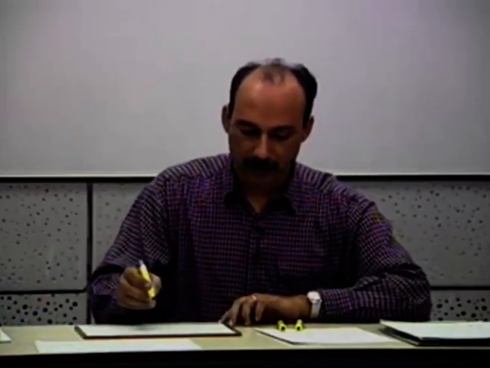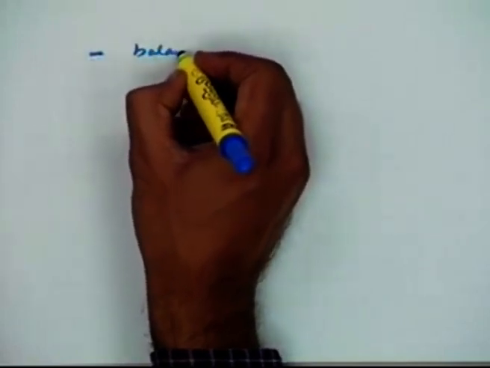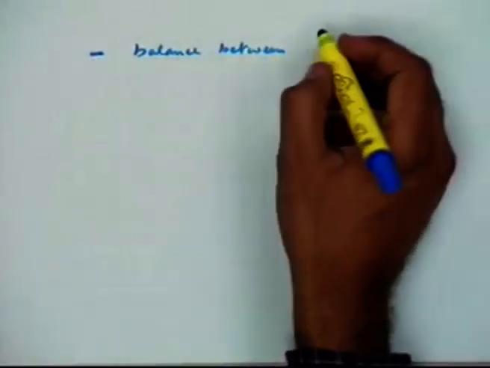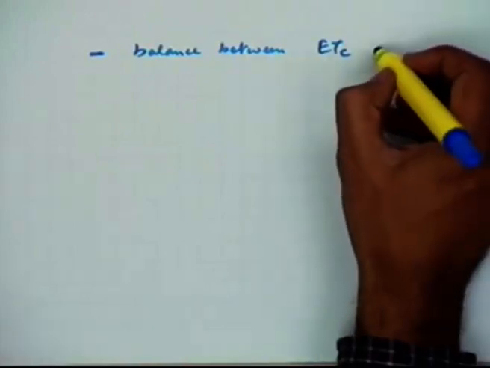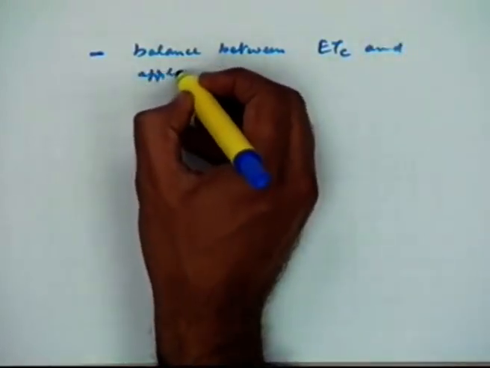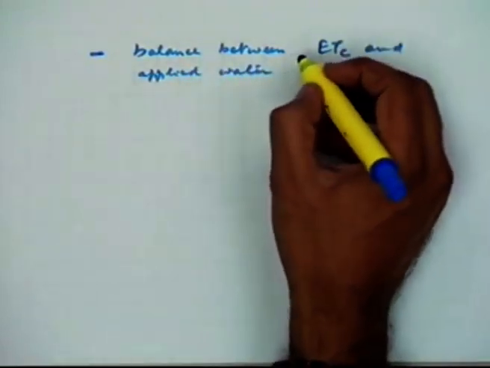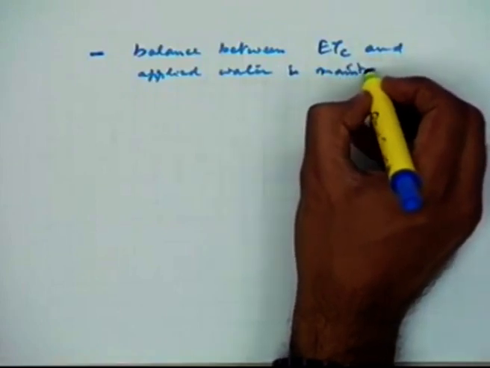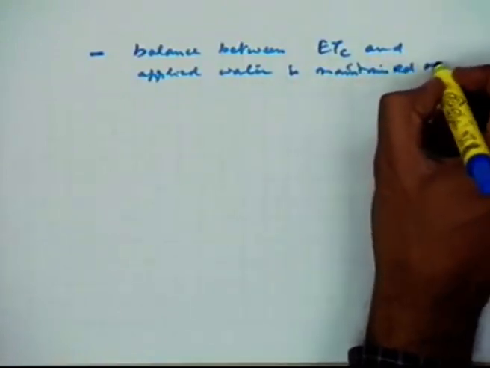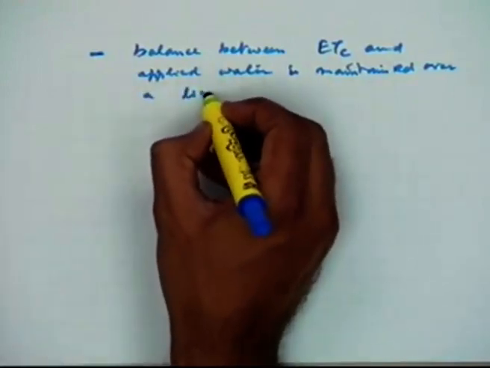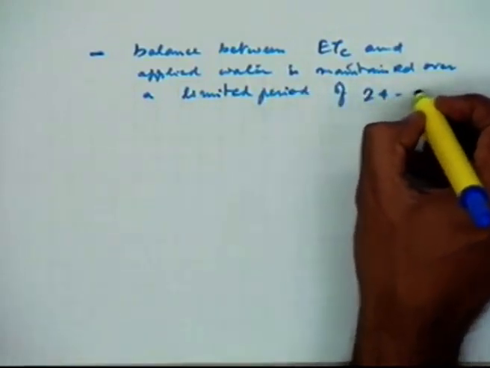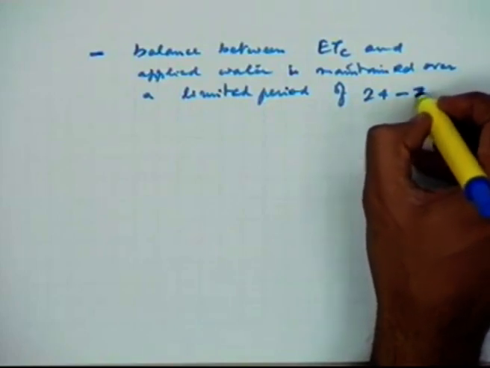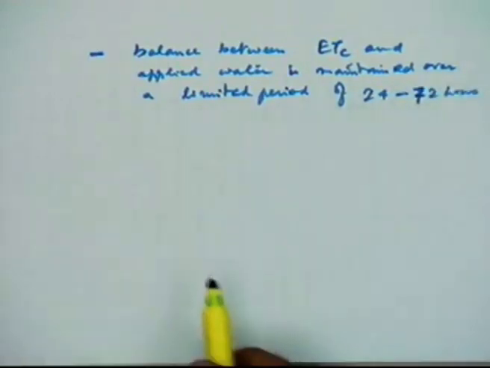Another major difference is that the balance between crop evapotranspiration and applied water is maintained over a limited period, which might vary between 24 hours to 72 hours, which is not the case in other irrigation methods.